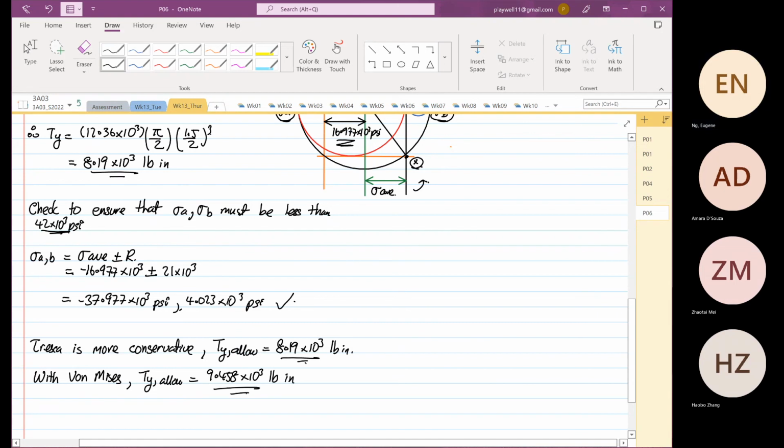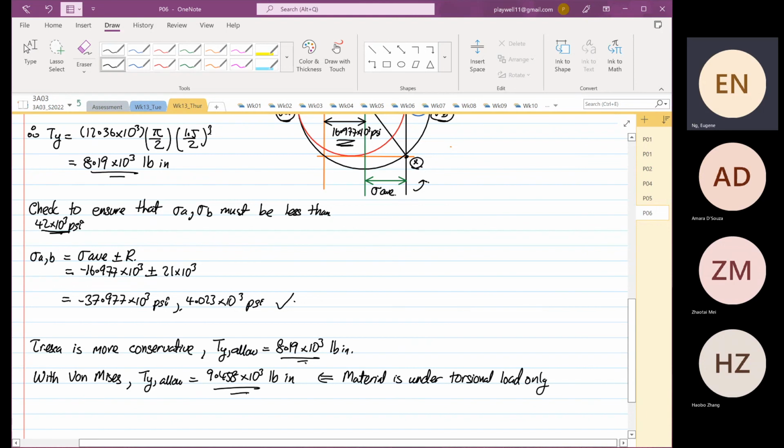In industry practice, most of the time, when a material is under torsional load, only if it's purely torsion, the von Mises criterion is usually used.